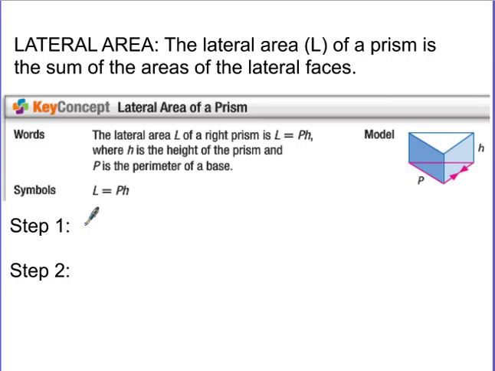First step is find perimeter. And then step 2 is going to be perimeter times height or altitude, and that will give us the lateral area.